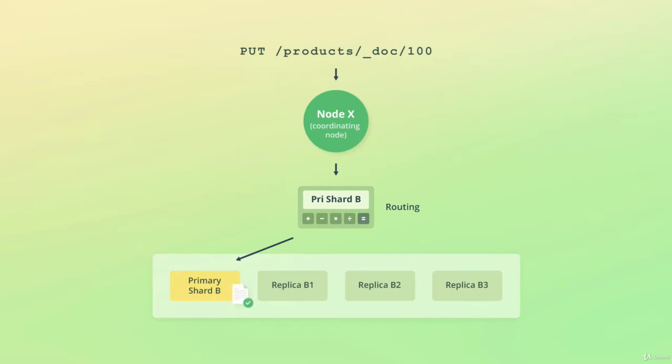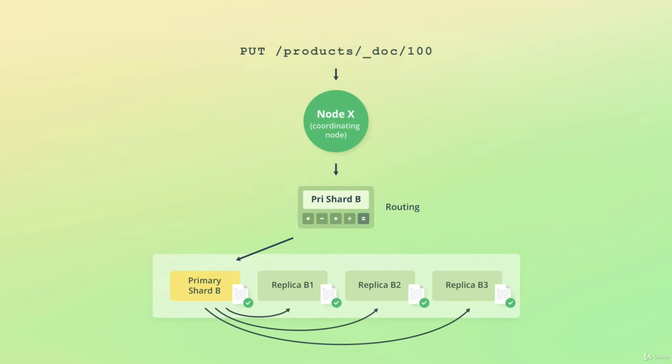The primary shard then performs the write operation locally, before forwarding it to the replica shards to keep those up to date as well. To improve performance, the primary shard forwards the operation to its replica shards in parallel. Note that the operation will succeed even if the operation cannot be replicated to the replica shards. More on that in a moment.